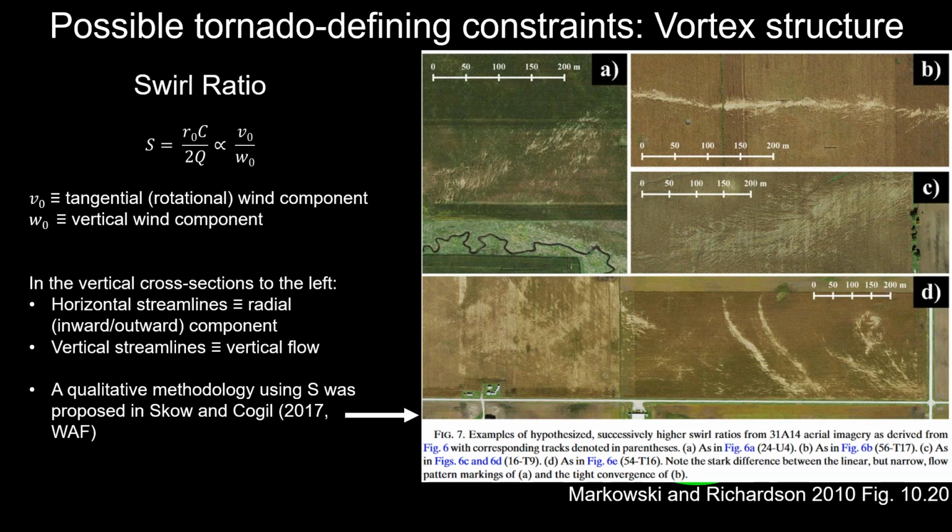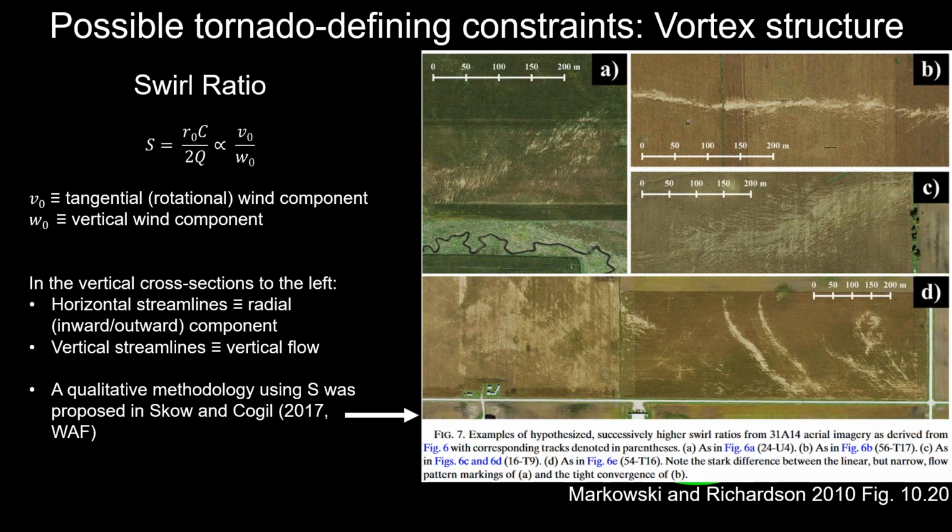Like in Channel A, for instance, he estimated that as a low swirl ratio vortex without a tight defining circulation path, and therefore I'll call it a mesovortex and not a tornado, versus Channels B, C, and D, with B and C being clear, tight vortex paths, swirl ratio between 1 and 2, and then Channel D appears to be a potential multi-vortex path, swirl ratio greater than 2.